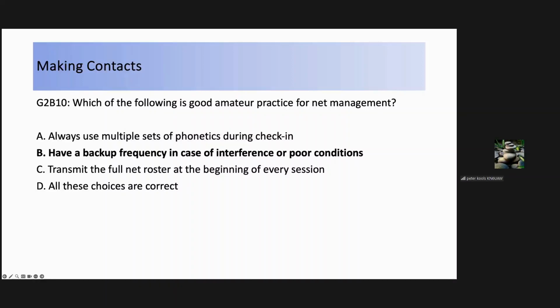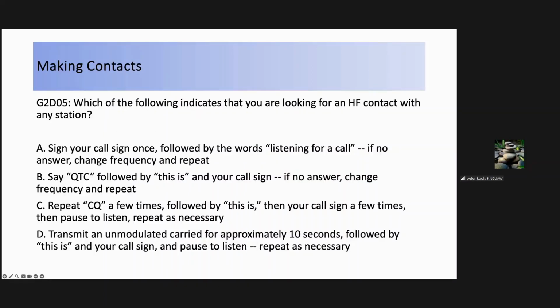Or instead of being on 3.582, we're going to move to 3.977. Things like that. So essentially have some kind of a backup. Which of the following indicates that you're looking for an HF contact with any station? Repeat CQ a few times, followed by this is, then your call sign a few times, then pause to listen, and repeat as necessary until you make a contact.